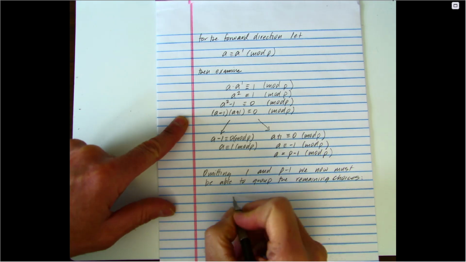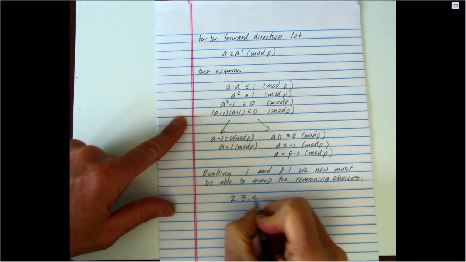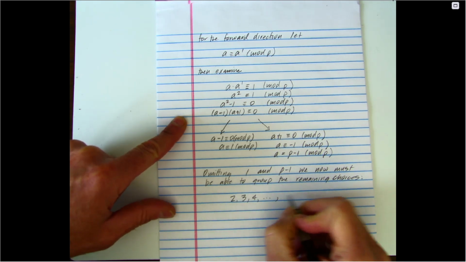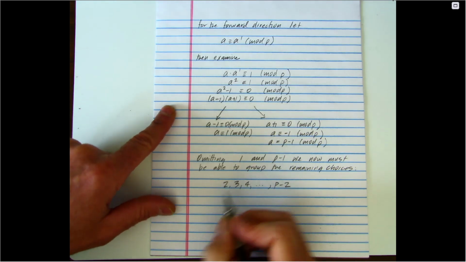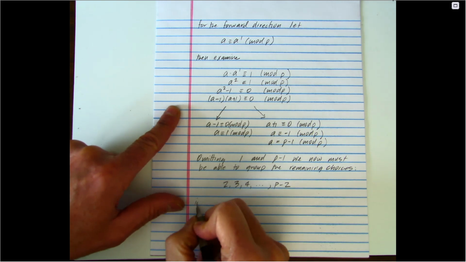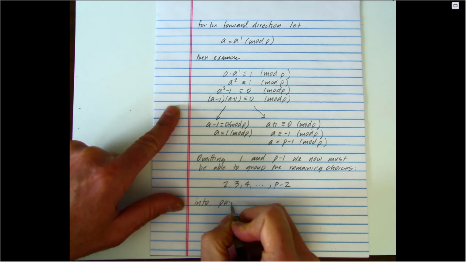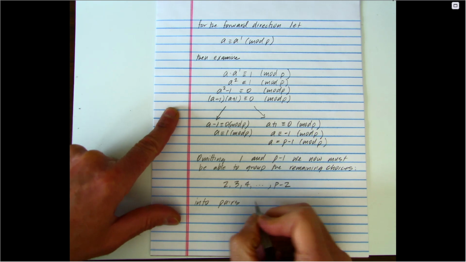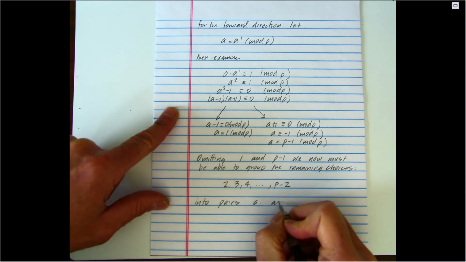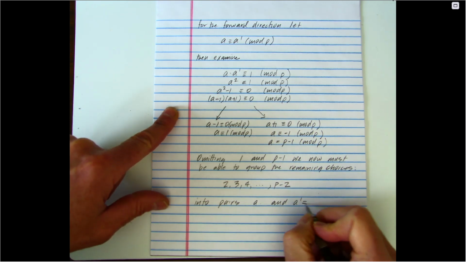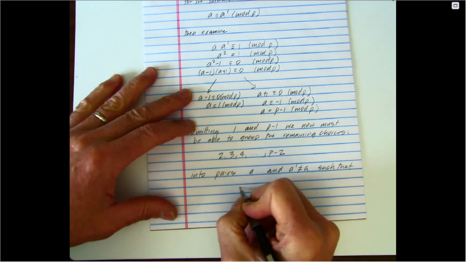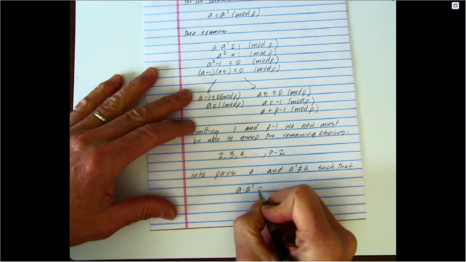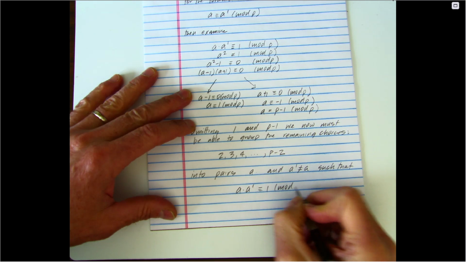The remaining choices are 2, 3, 4, all the way up, not to p minus 1, but p minus 2. And we can group these remaining choices into pairs, A and A prime not equal to A, such that A times A prime is equal to 1 mod P.